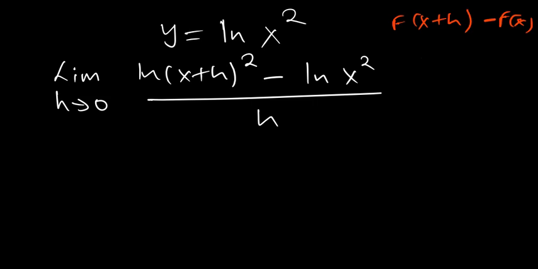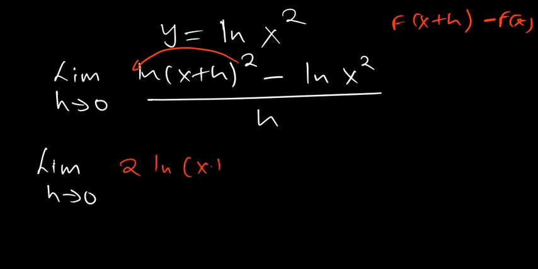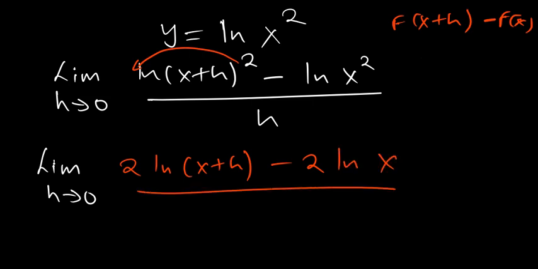At this point we'll still go back to the rules of logarithms, right? So we're going to have the limit as h approaches 0, and the 2 that we have as the power can become the coefficient, from the laws of logarithms. So 2 natural log of x plus h minus 2 natural log of x, over our h.